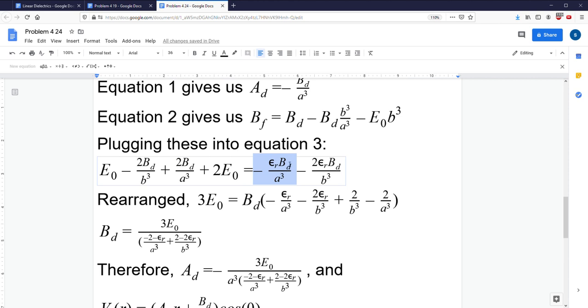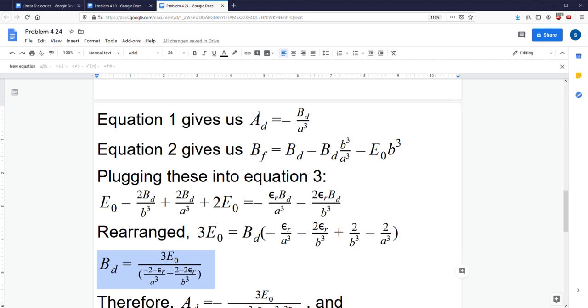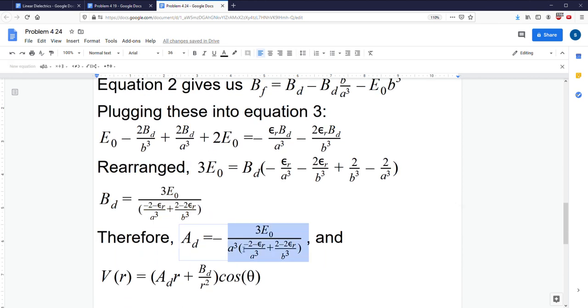Negative epsilon r BD over a cubed minus epsilon r over a cubed, minus 2 epsilon r BD over b cubed, minus 2 epsilon r over b cubed. So we can solve for BD, and with a couple clever arrangements, BD is equal to this term right here. Since I already had AD in terms of BD right here, I did that. Now I could have simplified a little bit more, but I'm leaving it like this.